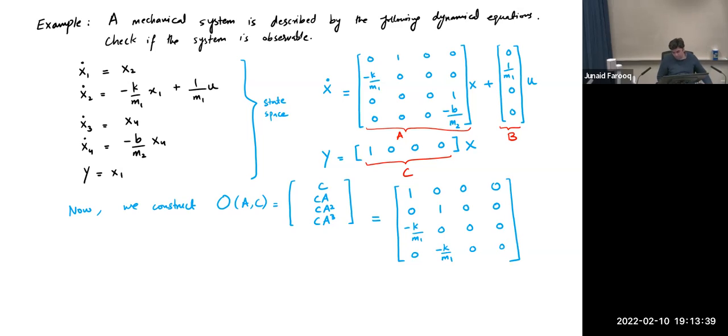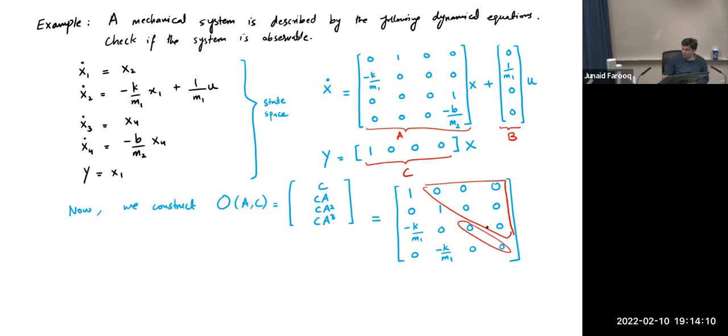Okay, and the next question is, what is the rank of this matrix? By just looking at this, people can tell, if you've read linear algebra, you see this is an upper triangular matrix.